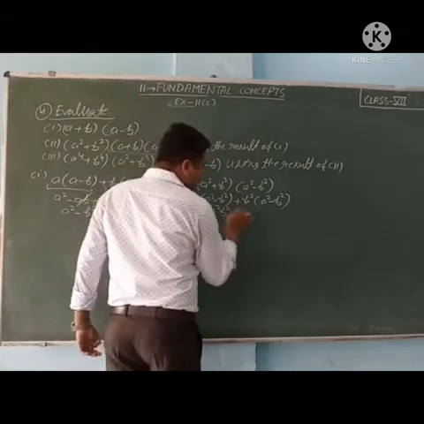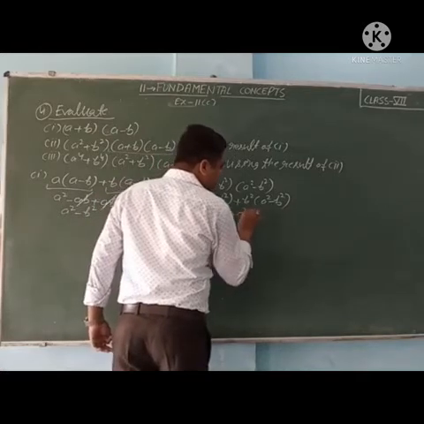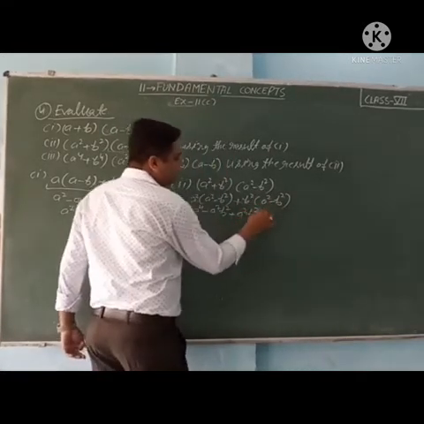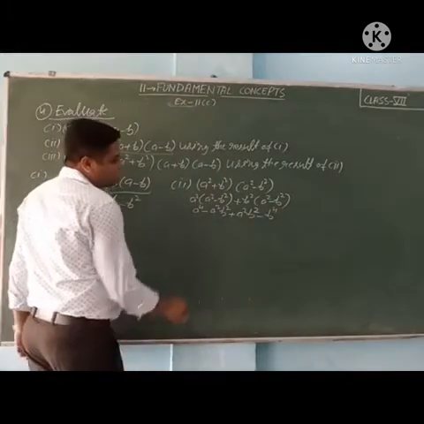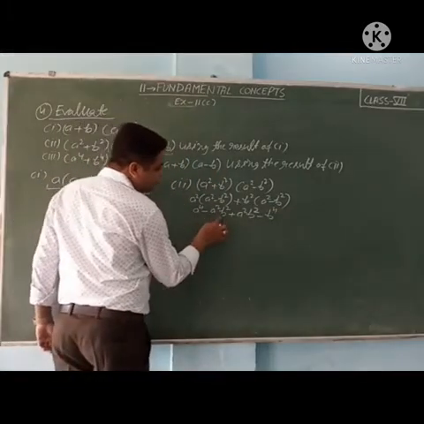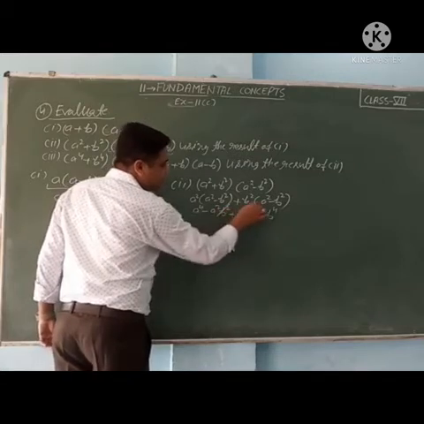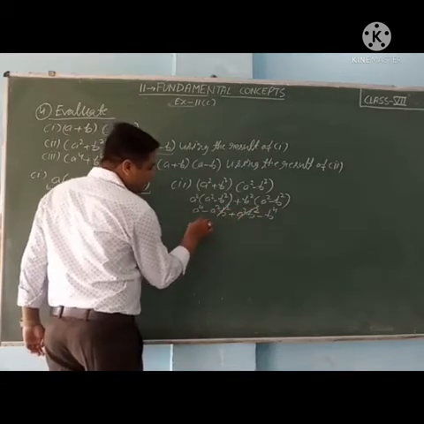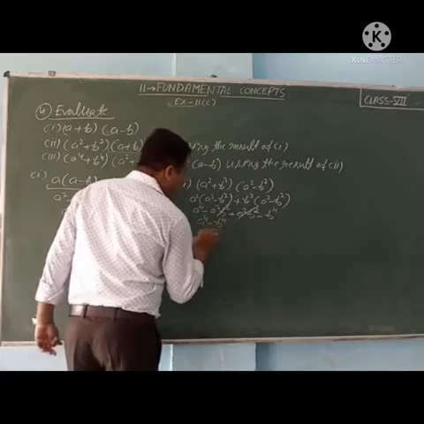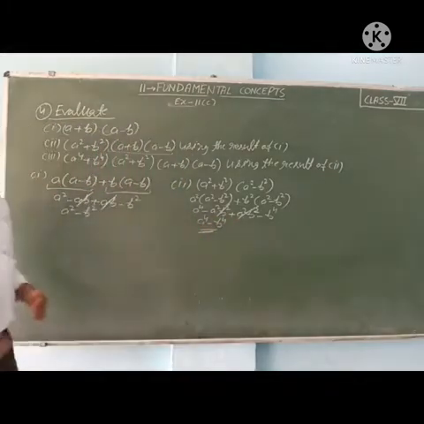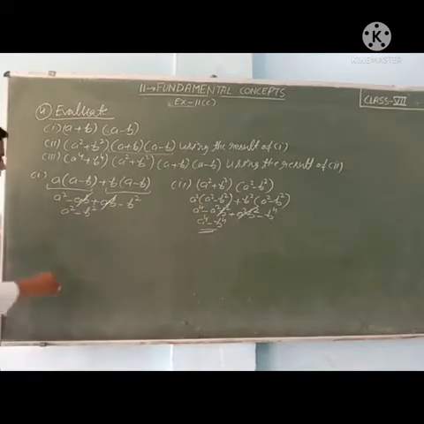Then plus a square b square. Then plus minus b raised to the power 4. Then you can see minus a square b square plus a square b square cancel. So what is left? A raised to the power 4 minus b raised to the power 4. So it is the answer of second part. Now see third part.